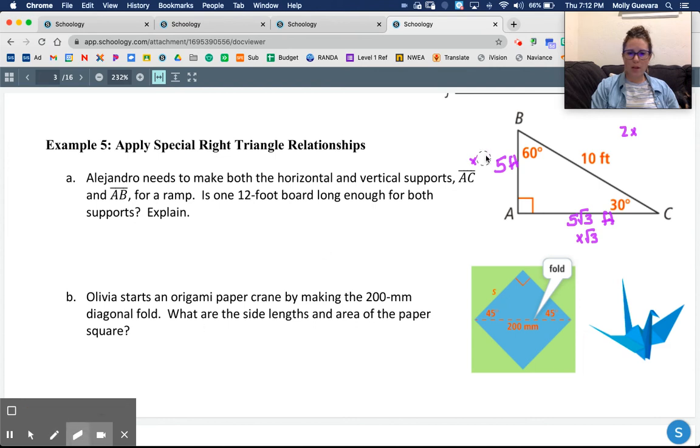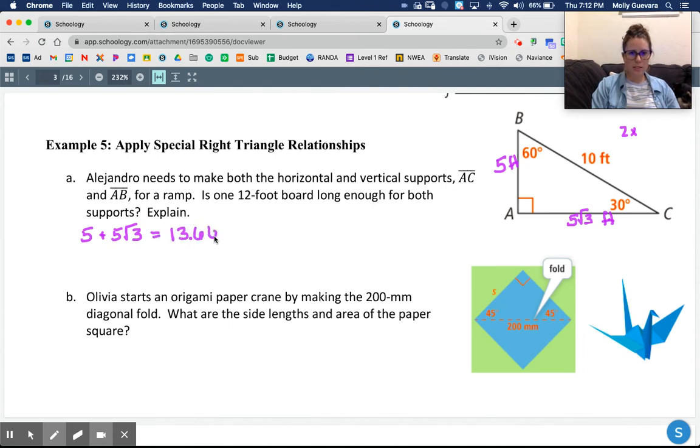And so I want to know, if I add those two together, is 12 feet of wood going to be enough? Okay, so 5 plus 5 square root of 3, and I'm going to add those together. And using my calculator for that square root of 3 part, I get 13.66 feet.